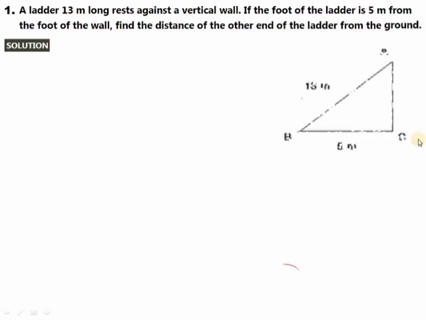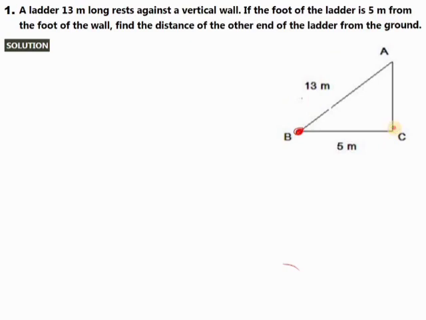You see, this AC represents the wall, and this AB represents the ladder. It says the ladder is 13 meter long, so the length of the ladder is given to be 13 meter. This ladder is resting against a wall. Now it is said that the foot of the ladder, see, this is the foot of the ladder, is 5 meter from the foot of the wall.